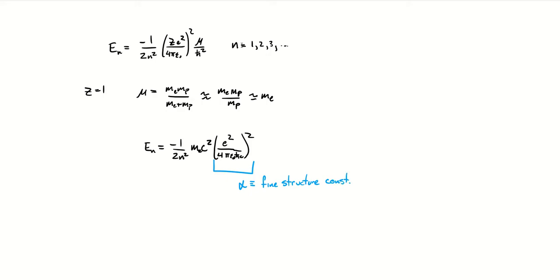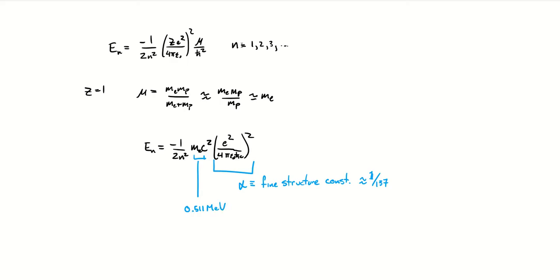It's essentially a measure of the strength of the electromagnetic coupling. It's also called the electromagnetic coupling constant. It's approximately equal to 1 over 137. This rest mass of the electron is 0.511 mega electron volts.